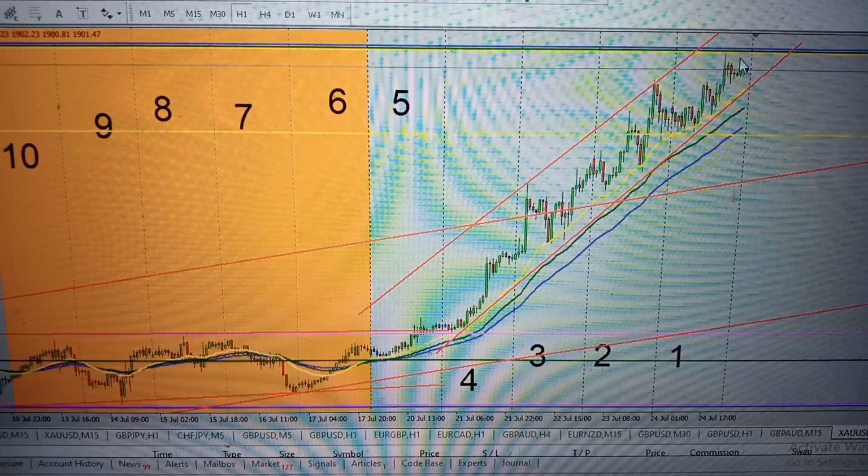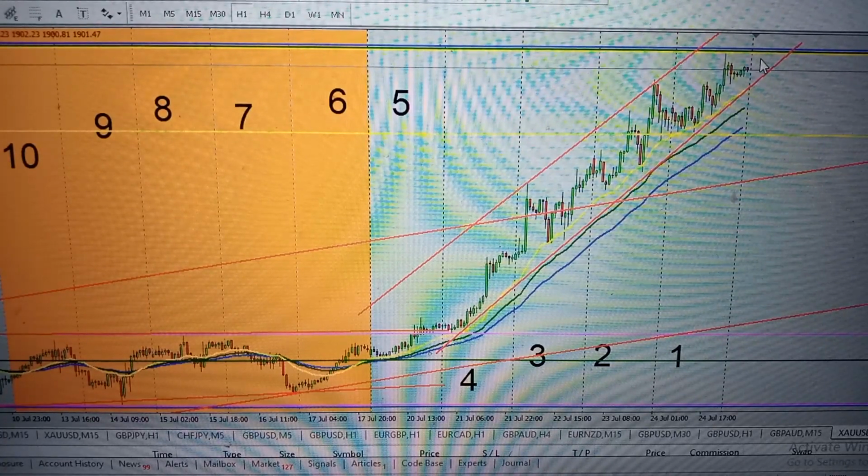And then if price continues up, there's higher tendency that the moving averages will also continue to point upwards.